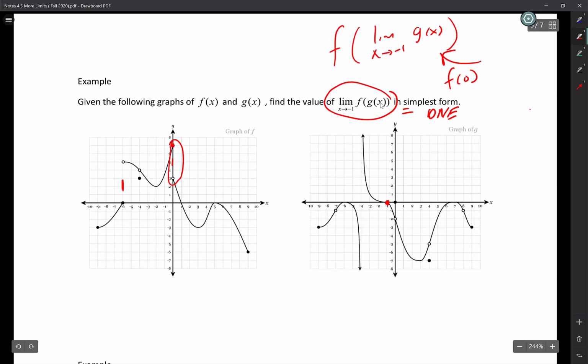So do not say 7. The limit as x approaches -1 of f of g of x does not exist.